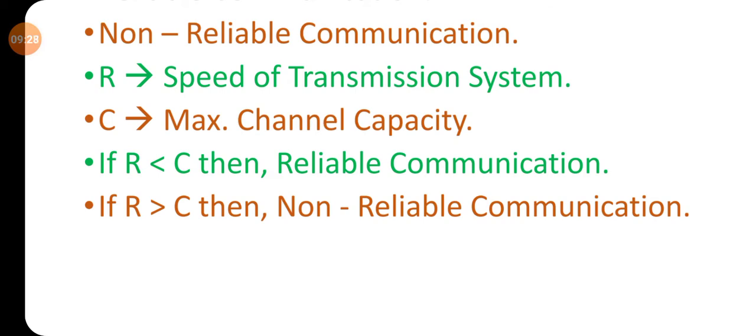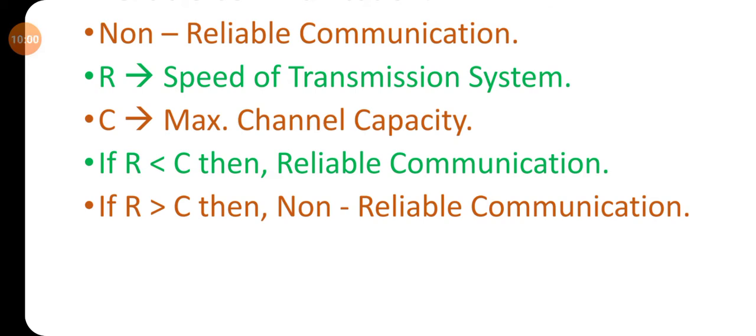What you are trying to do is transmit 30 bits in 1 second using a channel which can transmit only 20 bits in 1 second. Clear? So here your speed is exceeding the channel capacity, and because of that you definitely get errors in your transmission.